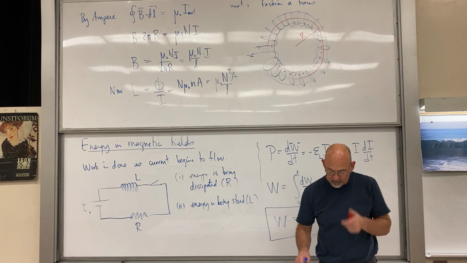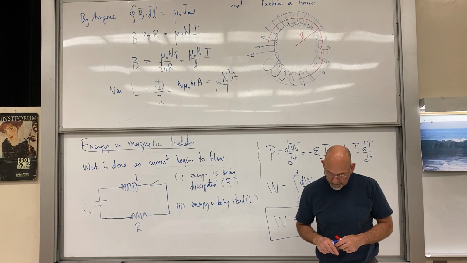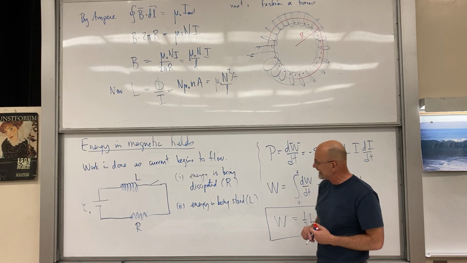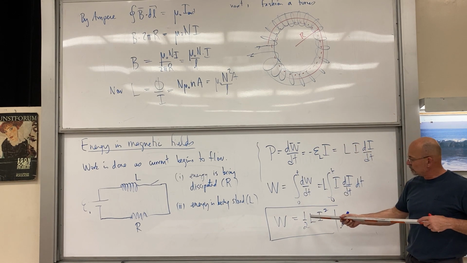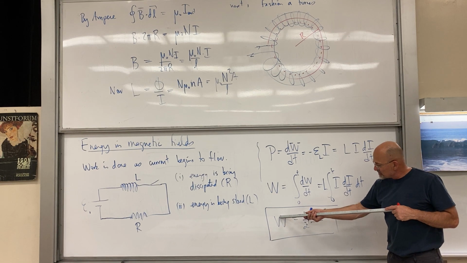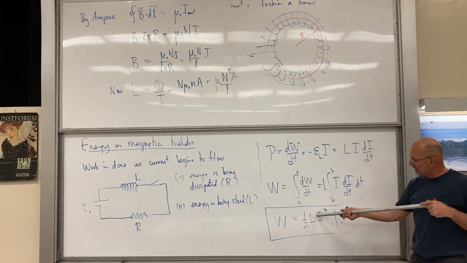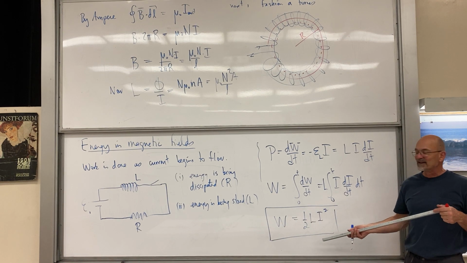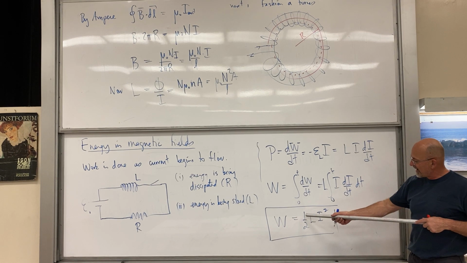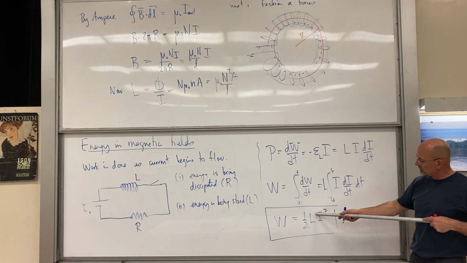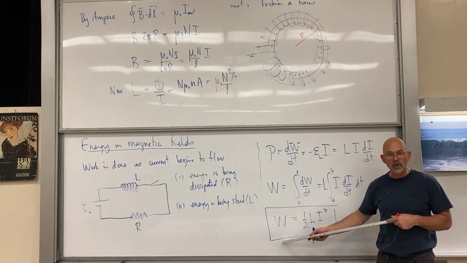And we're going to transform that to get the same expression in terms of the energy stored in the magnetic field. Right now, we have the inductance and the final current, and that's how much energy is stored.